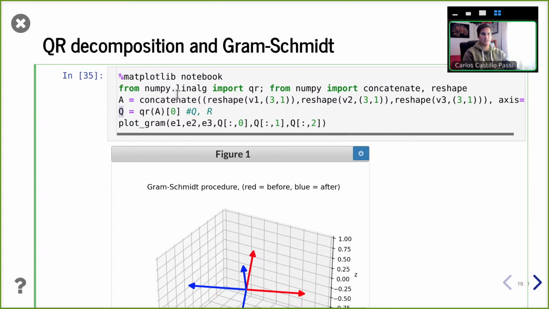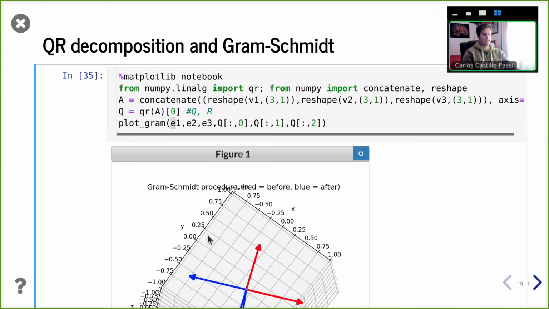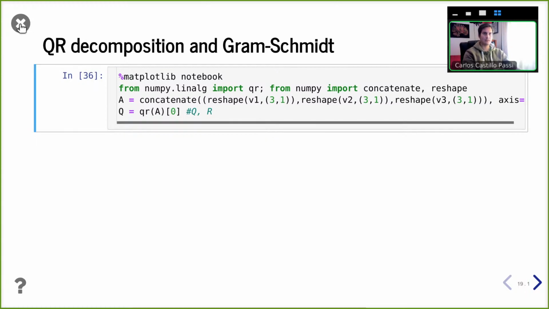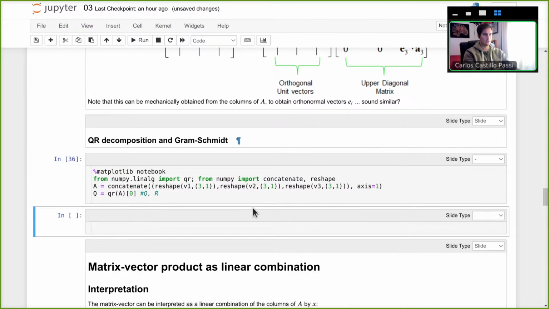So let's see how the matrix Q compares to the vectors E1, E2, E3 that we had in our Gram-Schmidt procedure. You will see here, they are very similar. Let me put this in another slide. It's a little bit too crowded. Another one.